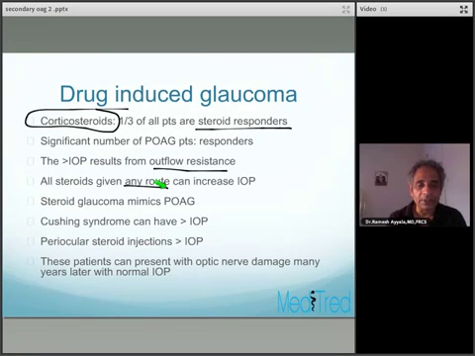These patients can present with optic nerve damage many years later with normal intraocular pressure. For example, if you have a patient with Cushing syndrome that has undergone surgical excision of the tumor and the Cushing syndrome is resolved, while the patient has Cushing syndrome, the patient may have elevated intraocular pressure and could potentially have sustained damage to the optic nerve.